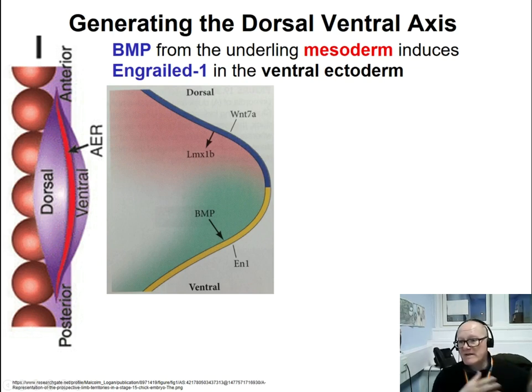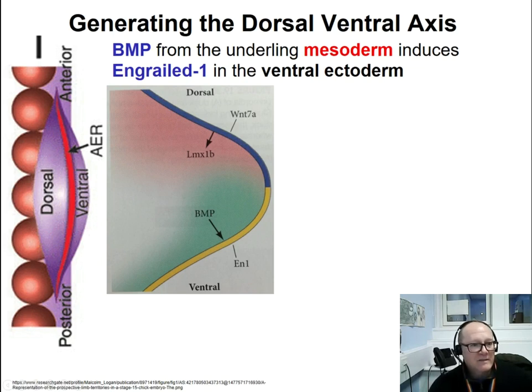And if you remember, we just mentioned that when we have a lot of expression of BMP, we are shutting down the apical ectodermal ridge and the zone of polarizing activity. Okay, so in the ventral region we have expression of BMP in the mesenchyme.